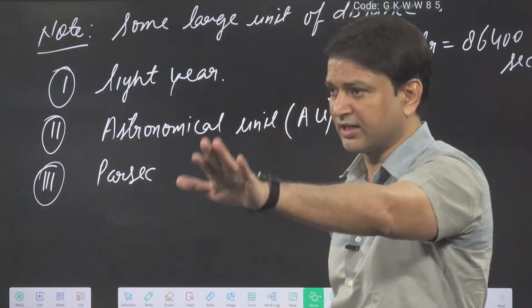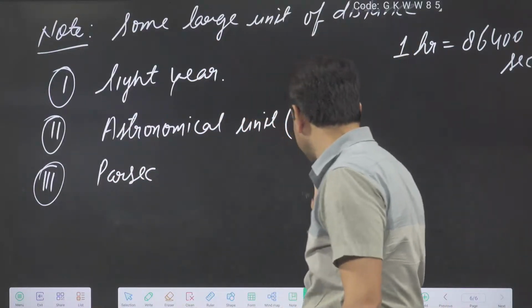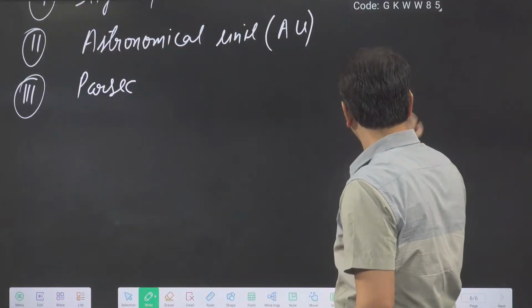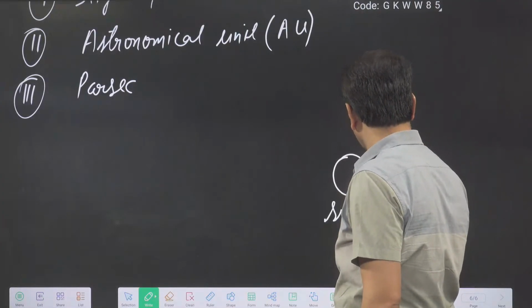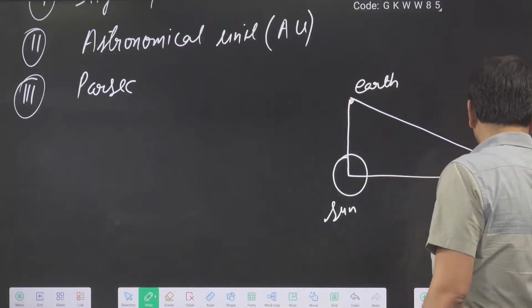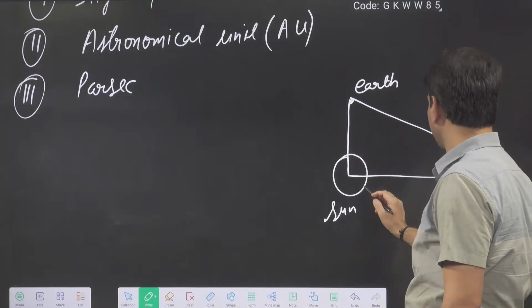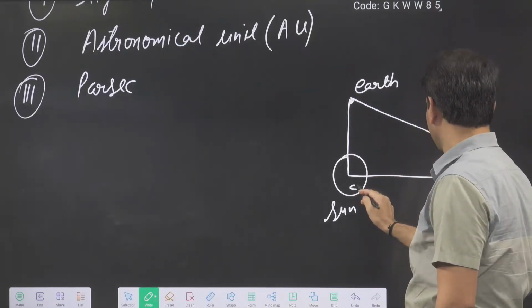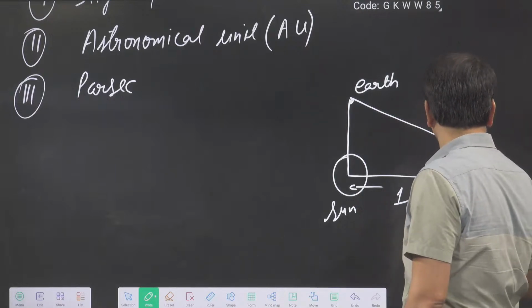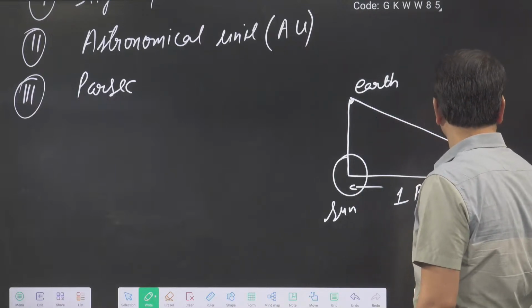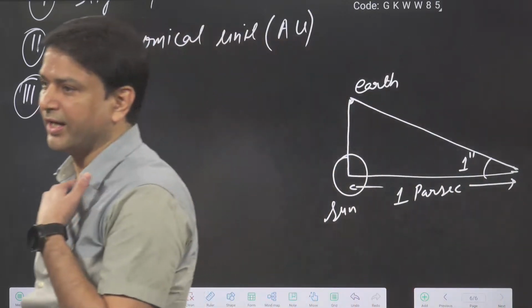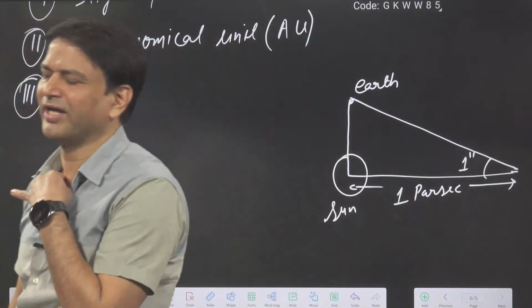If they are asking, these three are the units of the length. So parsec is what? Suppose one AU subtends an angle of 1 arc second.